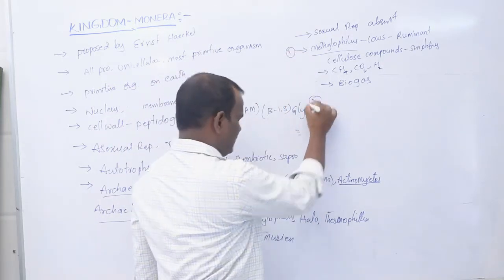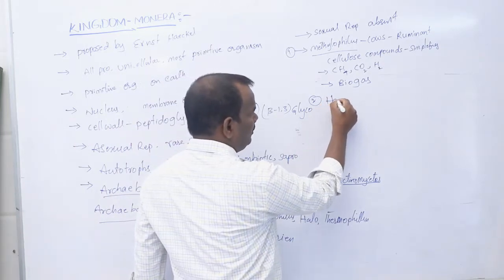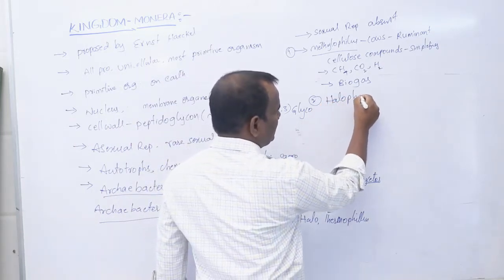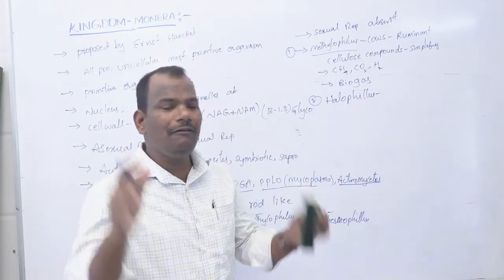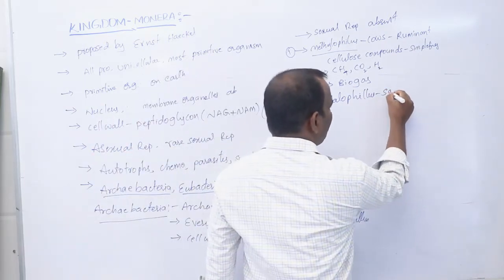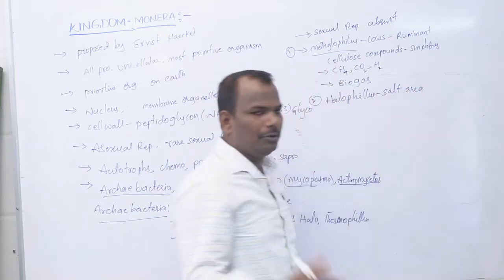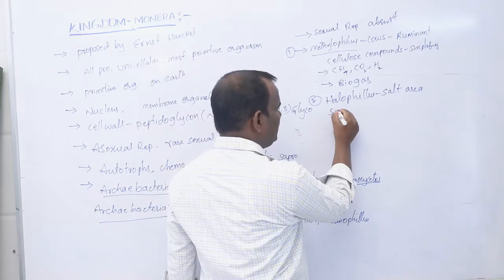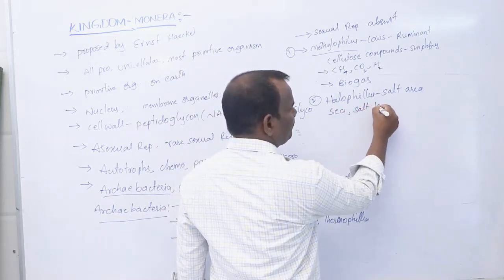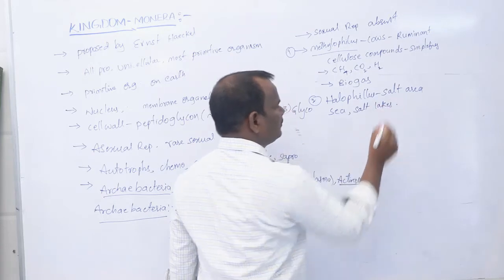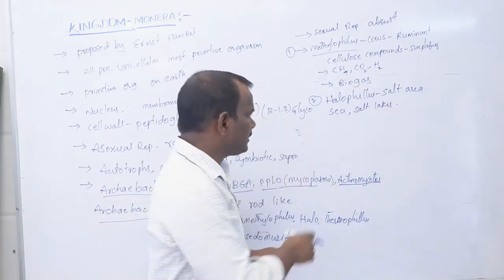The second one is the halophile bacteria. Halophile bacteria can live in salt areas. The best examples are the sea and salt lakes.